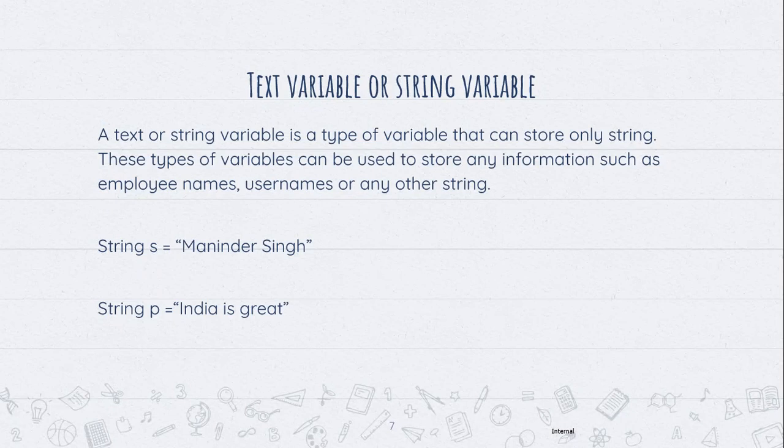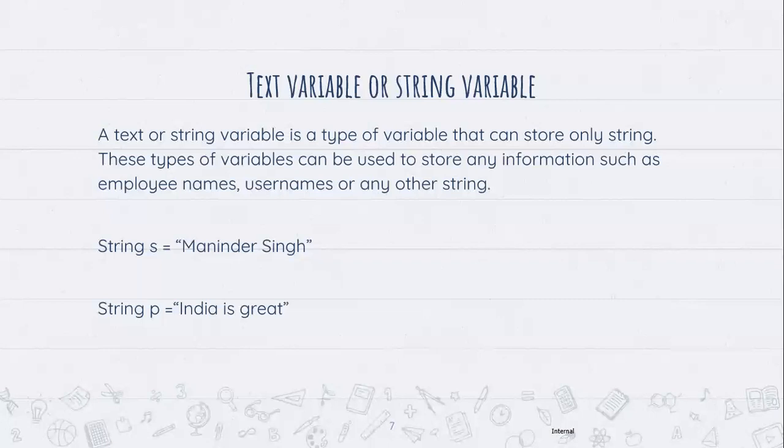So let's understand the text variable or string variable. A text or string variable is a type of variable that can store only string type. String type means anything you write inside double quotes becomes a string. In a simple method, if you write a number inside double quotes, it becomes a string.